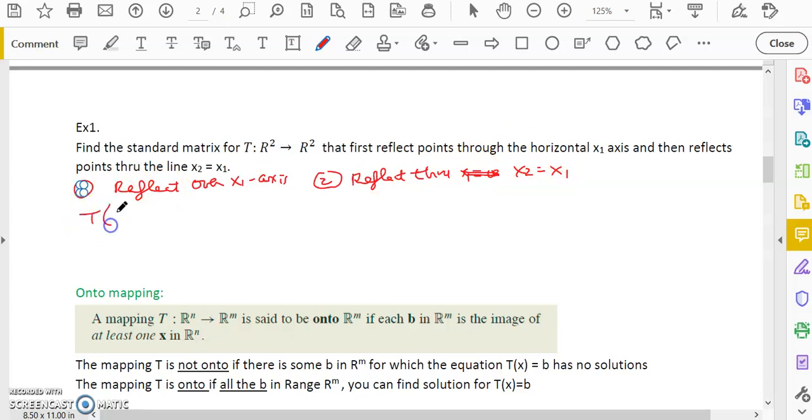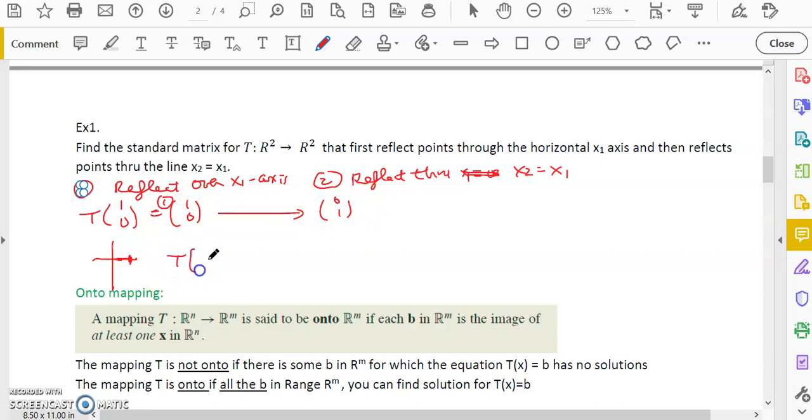So let's do T of (1, 0). I graph it like here, right? If I reflect over the x-axis, that is just (1, 0), because you don't reflect anything. And then step 2 would be to reflect this over x2 equal to x1. That means x1 and x2 switch. So that means (0, 1).